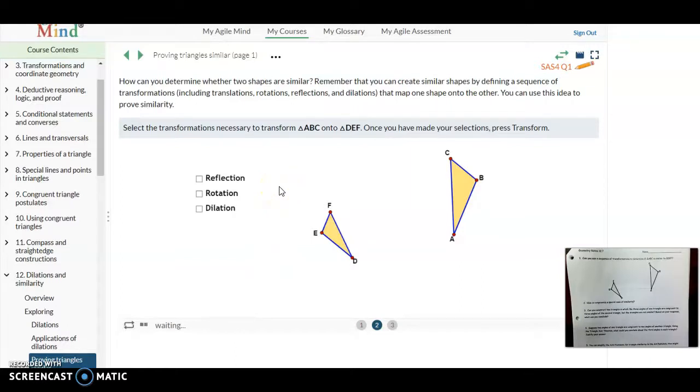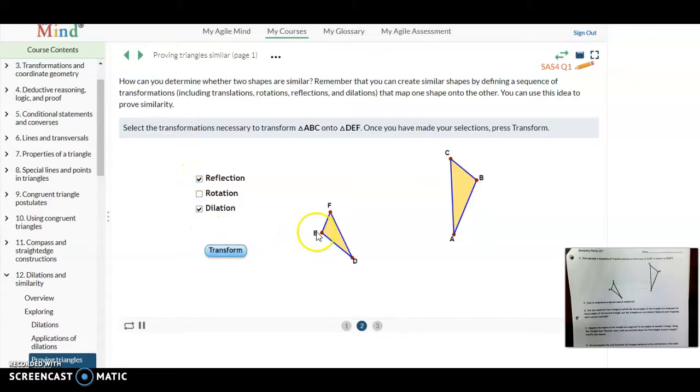So hopefully you recognize that the vertex B is going to map to vertex E. And so we definitely need to do a reflection, not a rotation, because we don't want this short side to end up on the bottom. So we want to do a reflection of triangle ABC, but also triangle ABC is larger than triangle DEF, so we also need to do a dilation.